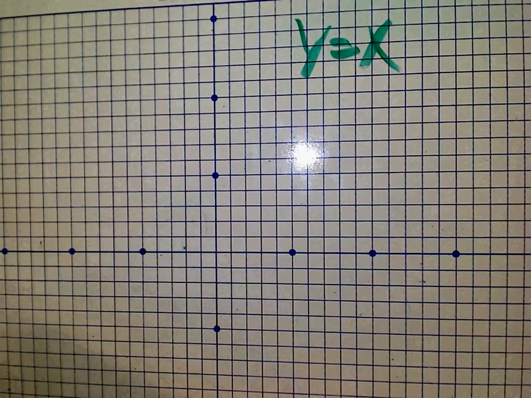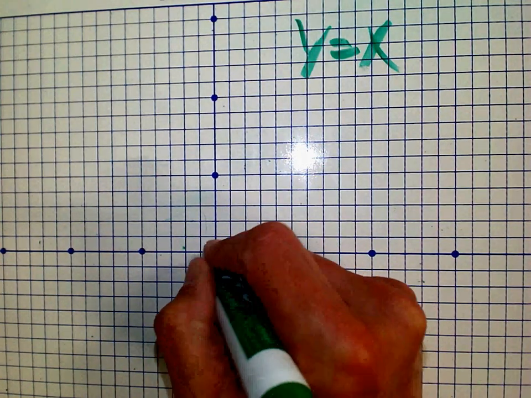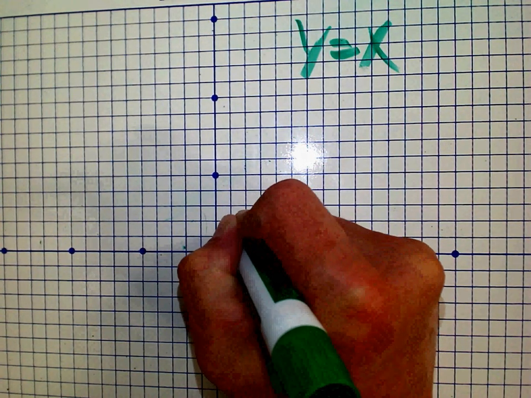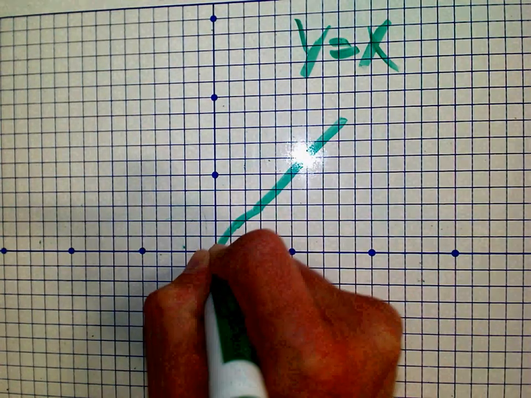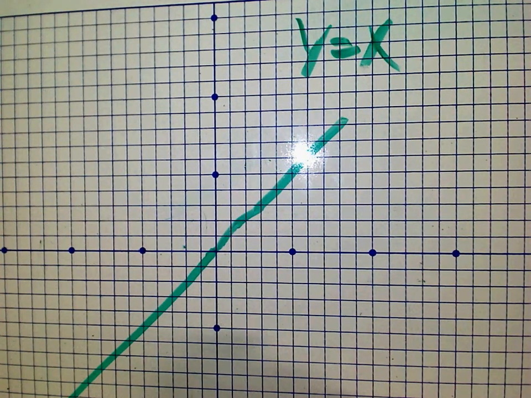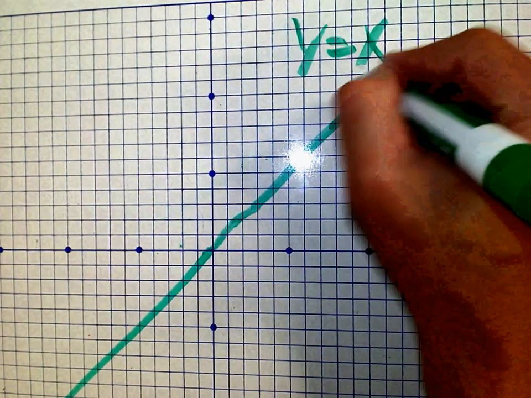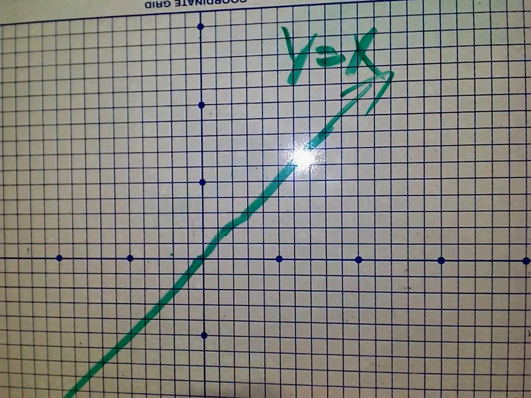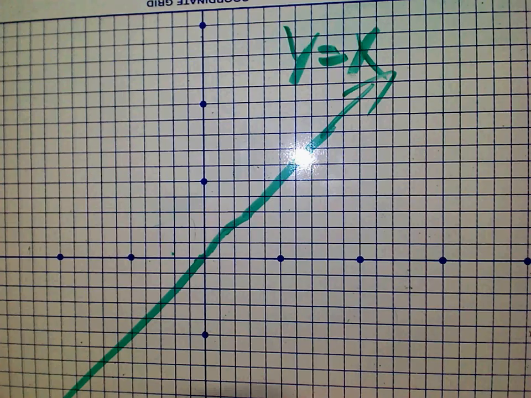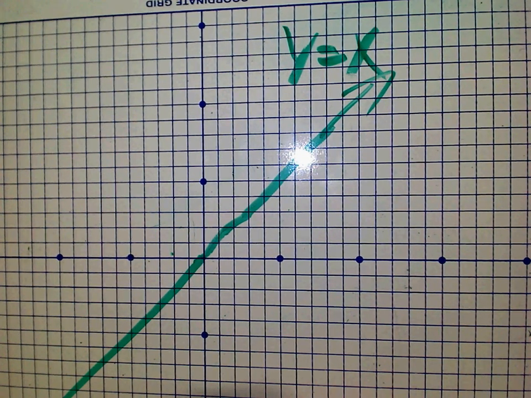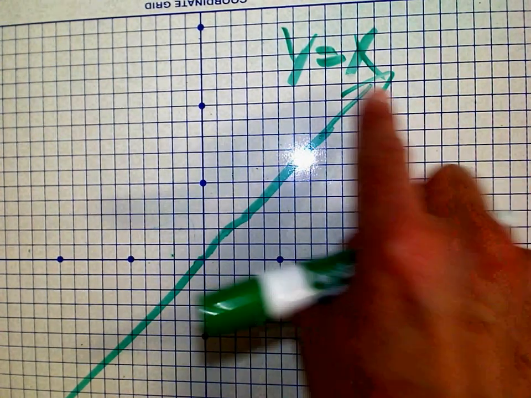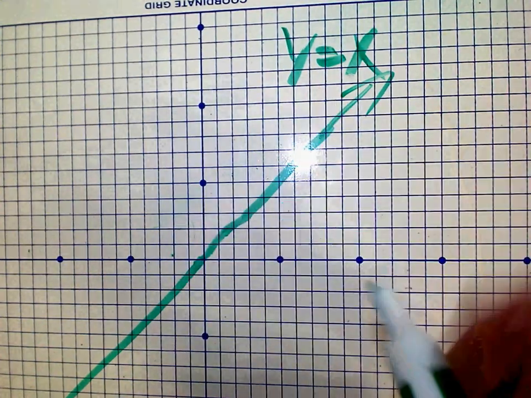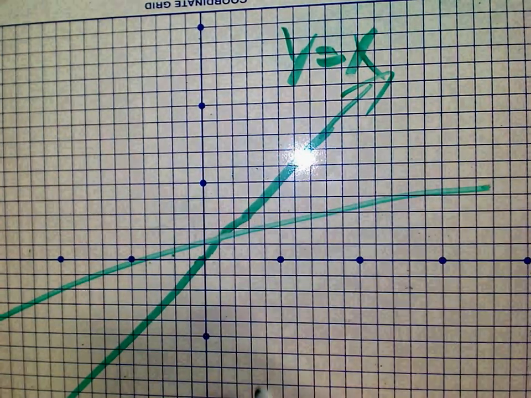So will y'all be all right if I just say, hey, that is y equals x. Y'all agree? And that would be the parent function of all your straight lines that you did in Algebra 1. Y'all fine with that? And from there, you might have got flatter, you might have got steeper.